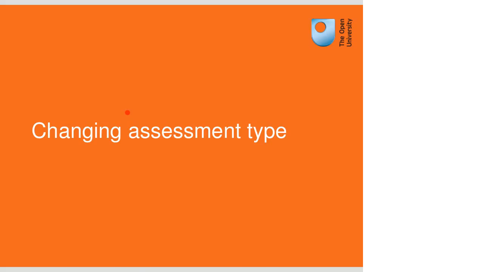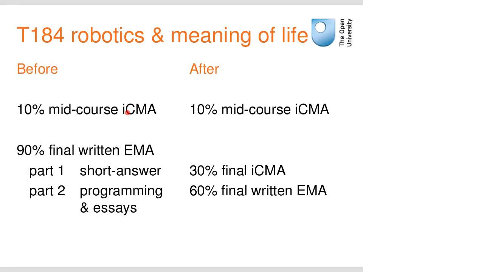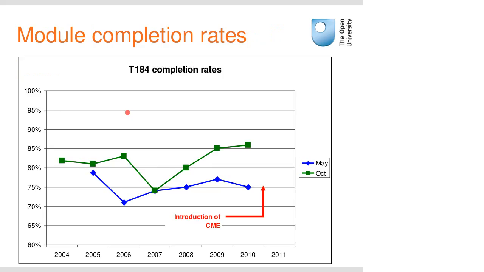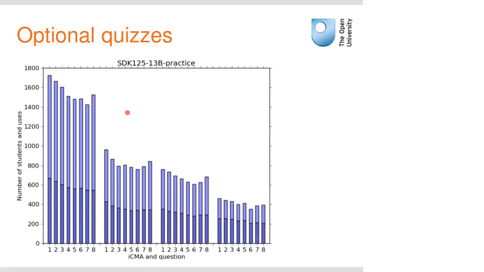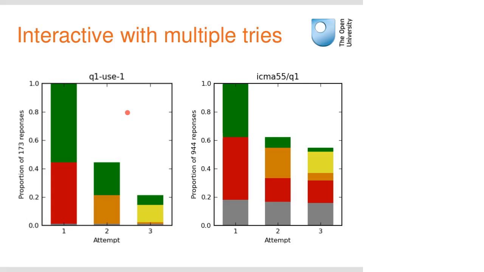And the level 1 robotics is another researcher called John Rosewell. Deadline stuff is John Bolton again, and a lot of the rest of the analysis about quizzes is Sally Jordan, and she has a blog which I've linked to, which is really interesting if you follow this sort of thing.